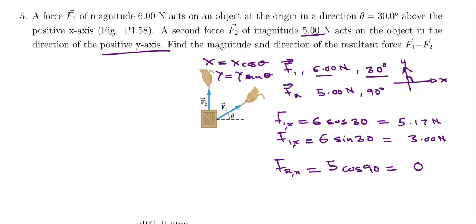Then our F2y, our y component of this, we are going to have now 5 sin 90, like this. So 5 sin 90, I'm sure it's going to be actually 5 because sin 90 is just 1. So we are going to have 5 newtons.